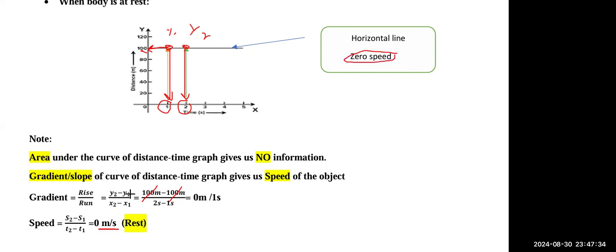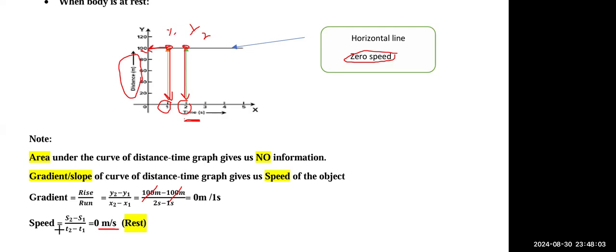Now I will show how we can say that this graph gives us speed. Remember, on the y-axis, you can check, this is the reading of distance. It means y2 and y1 show s2 minus s1. S is the symbol of distance. If you look on the x-axis, this is the reading of time.